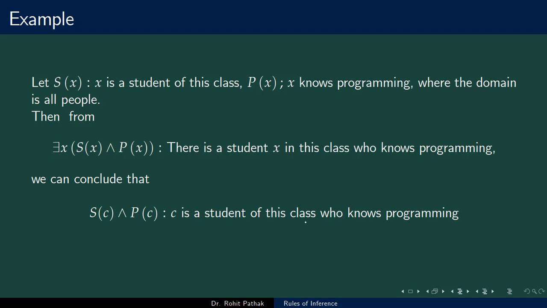We don't know who c is, but we are sure that there is some student c who is a student of this class and who knows programming. That means there is some person from the domain who is a student of this class and who knows programming. This is called existential instantiation.